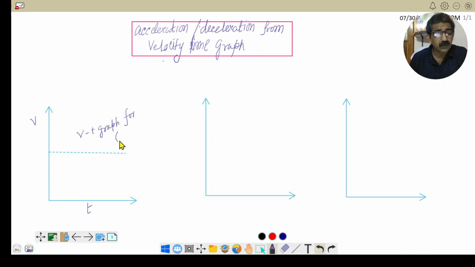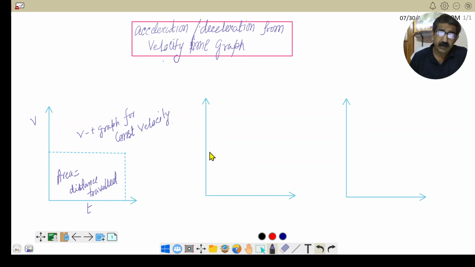For constant velocity, that means velocity does not change. And the area under the graph, this area, is equal to the distance traveled by the particle.